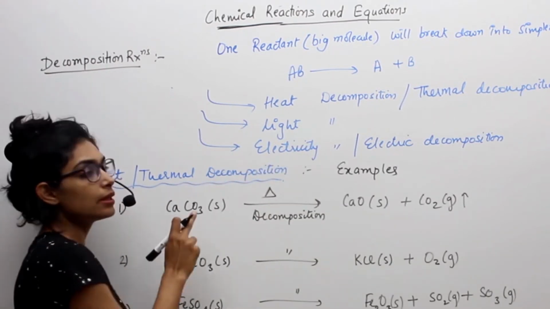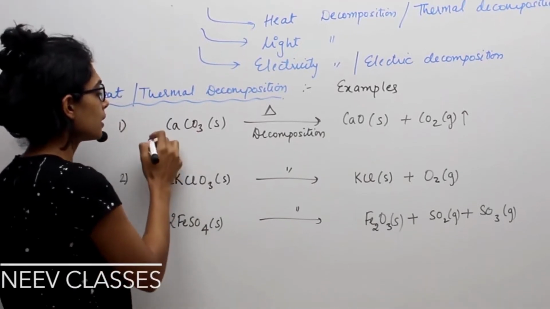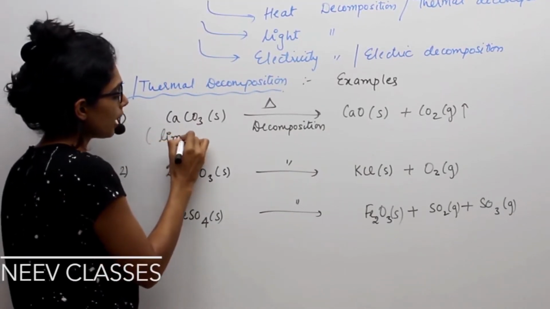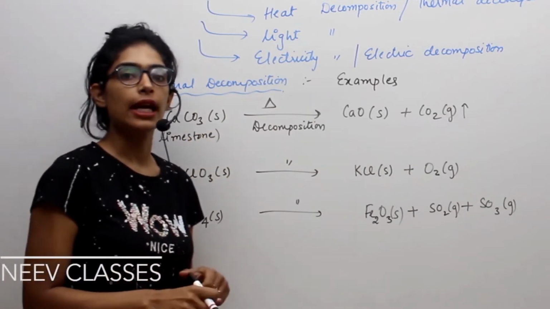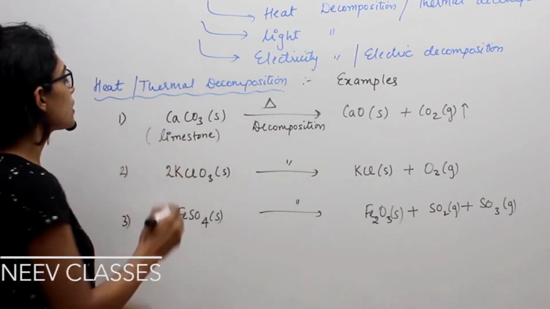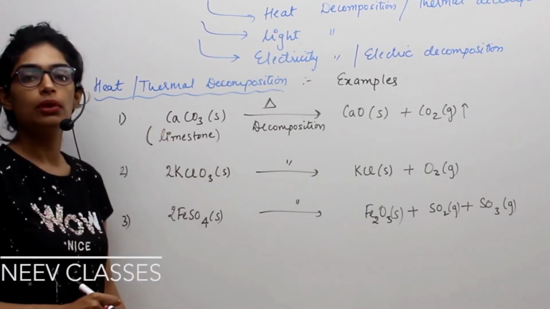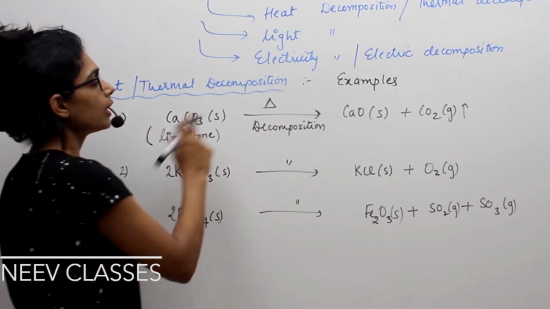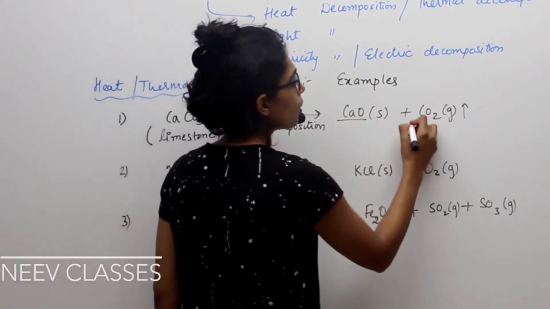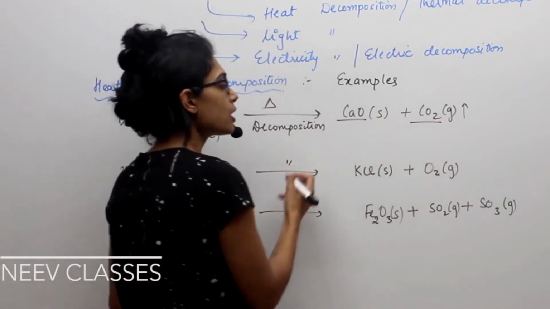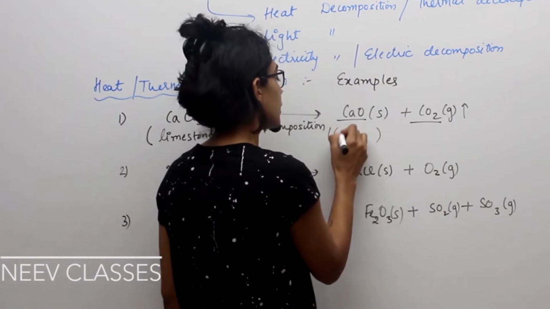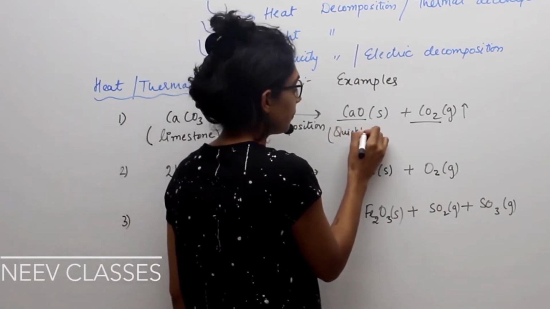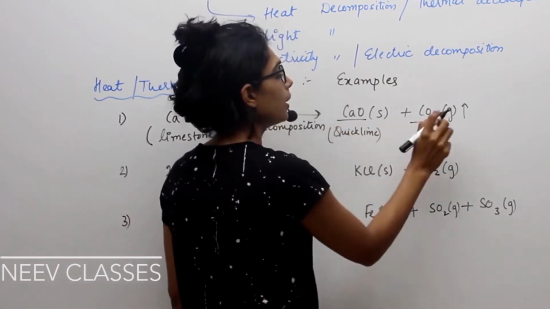So the first example is when limestone is heated. CaCO3 is nothing else but limestone. You should know all these common names also. We know CaCO3 is calcium carbonate. You need to know this is called limestone. Okay, this limestone, when heated, breaks down into calcium oxide and carbon dioxide. What is calcium oxide called? It is called quicklime, and carbon dioxide.